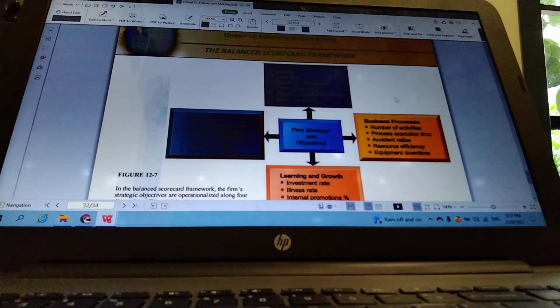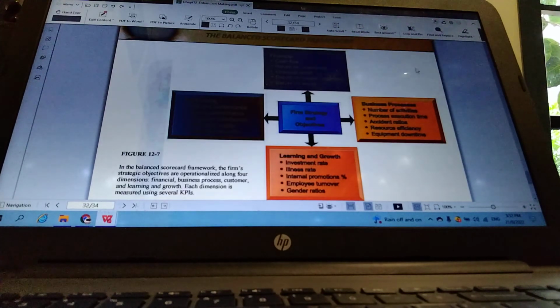An example of a balanced scorecard framework or dashboard is also available for you to go through in the current slide, where areas such as financial departments, customer departments, and business process departments use expert systems or decision support systems in the process of decision making.